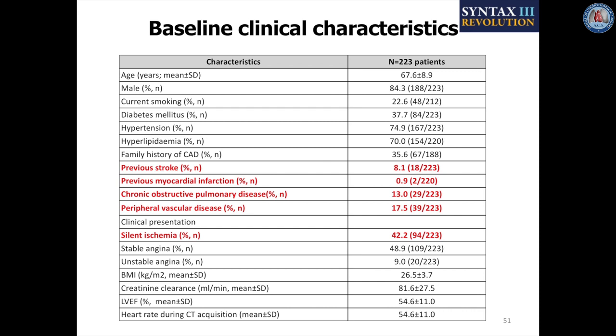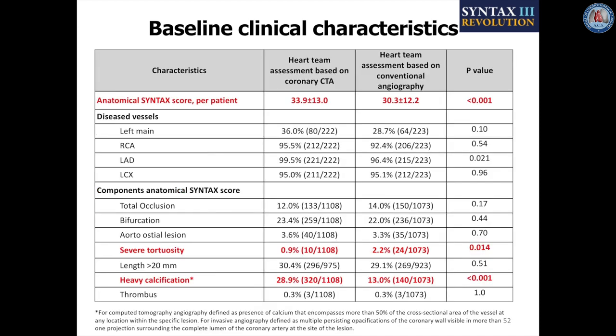COPD 13%, peripheral vascular disease 17.5%. The mode of recruitment is a little bit peculiar in these trials since silent ischemia is an important component, 42.2%. These patients sometimes were diagnosed by a multi-slice CT scan in the first place.